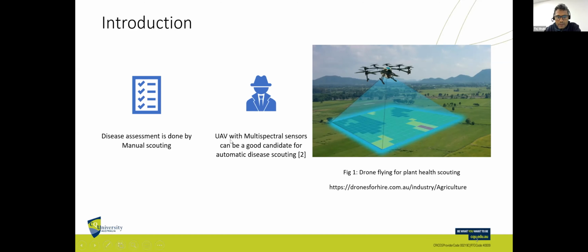This may be quite a good candidate for automatic disease scouting and disease ranking. The figure here shows the drone assessing plant health scouting. Drones are very useful in various fields of precision agriculture, as you can see.